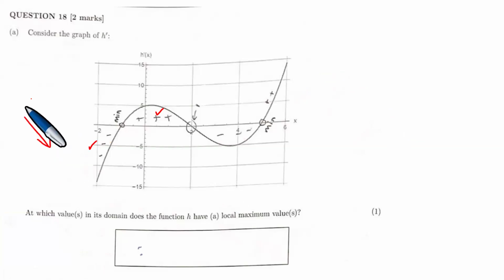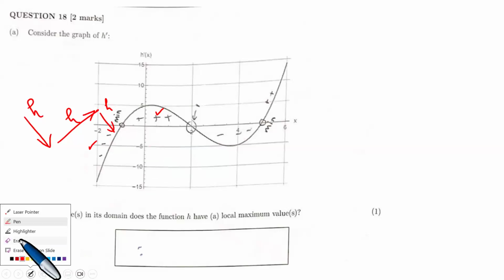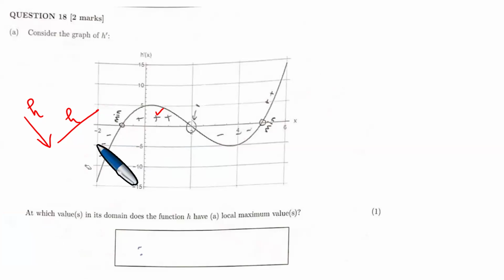In other words, the original function h runs downslope. Here the derivative is positive, so the original function runs upslope, but at a decreasing rate, so it's upslope, upslope.